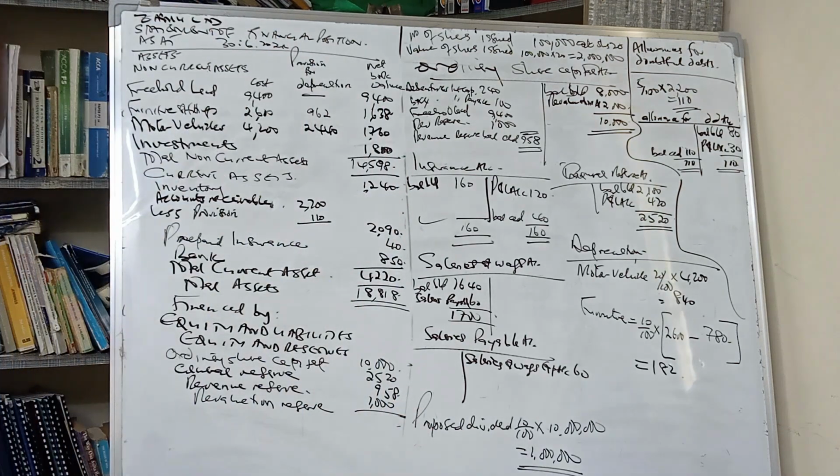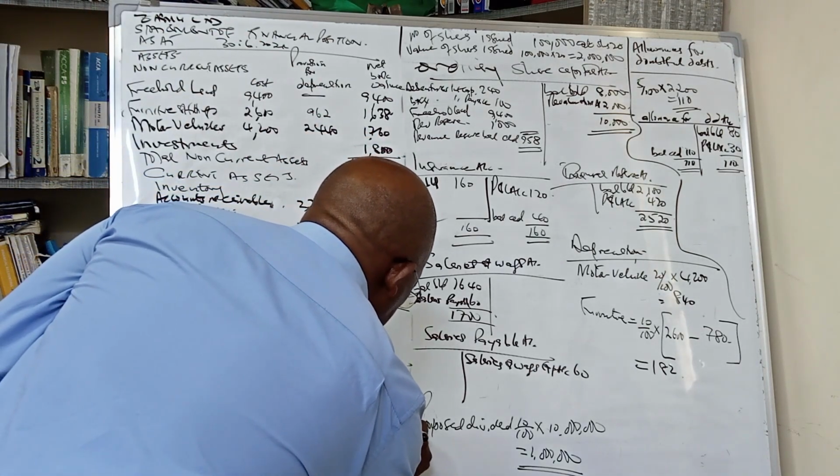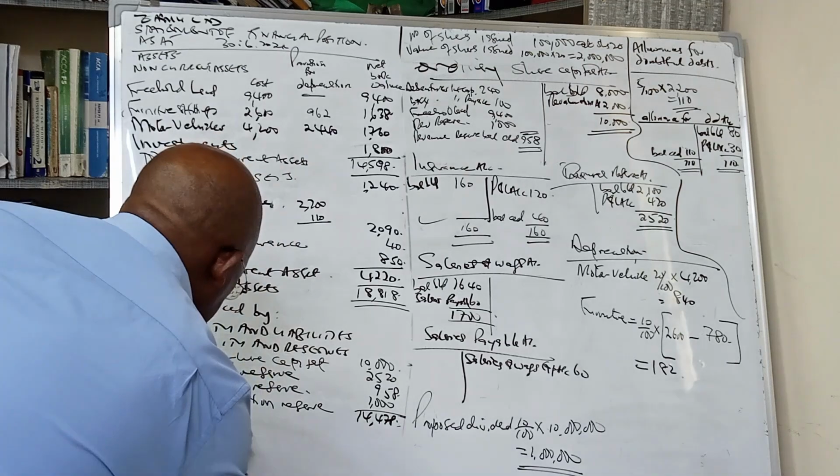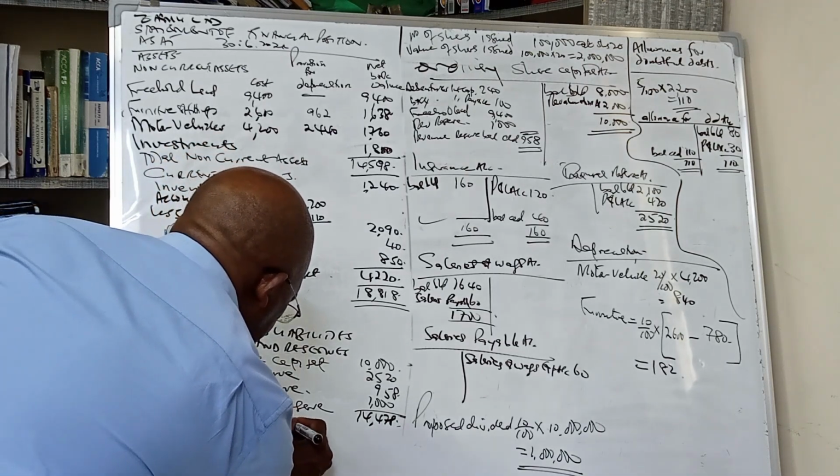If you add all of them, you get 11,123 plus 2520 plus 958. We get a total of shareholders' funds of 14,478.